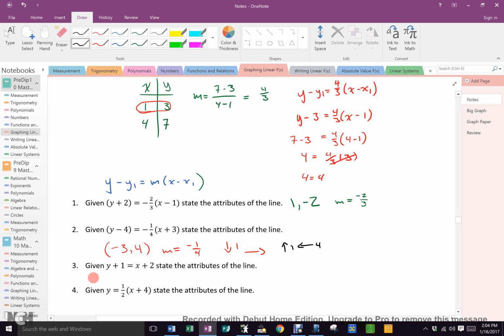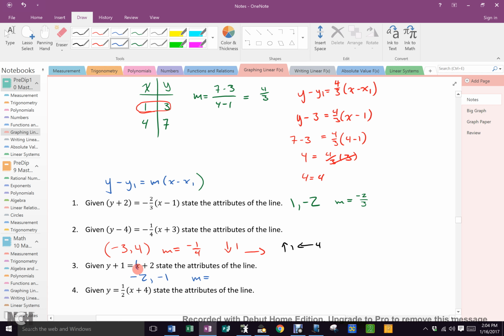Look at 3. 3 looks different. Is it? What's my starting point, do you think? Negative 2, negative 1. What's my slope? It's a tricky one. 1.